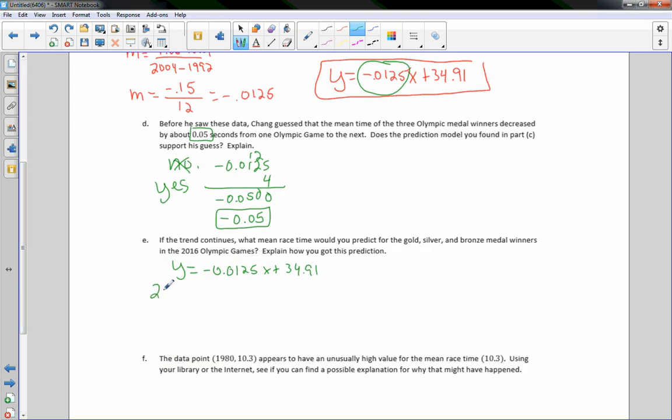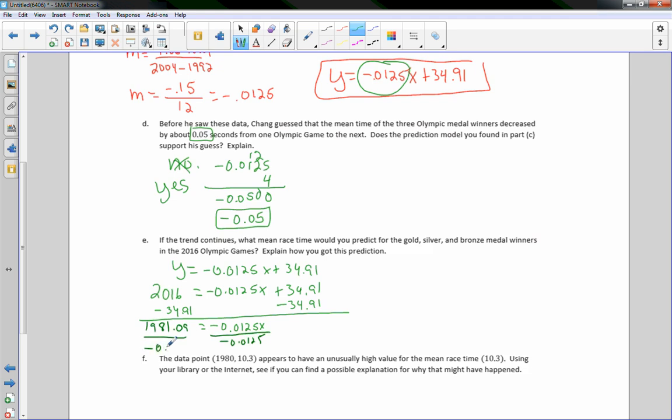So I would say 2016 equals negative 0.0125x plus 34.91. Subtract 34.91 from both sides and I get negative 0.0125x equals 2016 minus 34.91. I'm just using a calculator to save time. 1981.09.